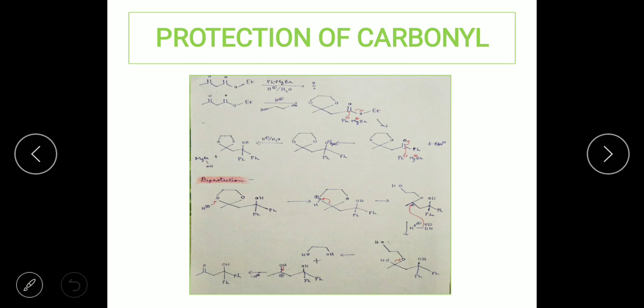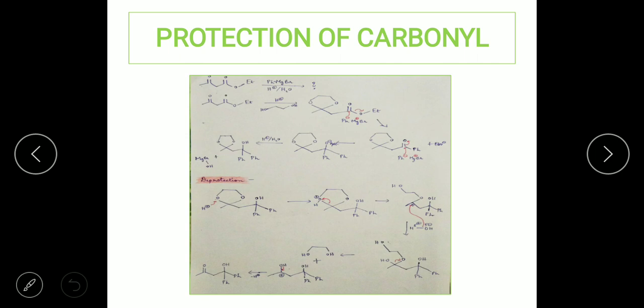Now the acetal has to be broken because we have to remove the acetal group. That is, the diol has to be removed, and that can be done only when there is a bond breakage between the carbon and the diol, that is the acetal group. So there's going to be cleavage of the carbon and the oxygen group, and the cyclic group is going to be removed to give rise to an intermediate of this kind.